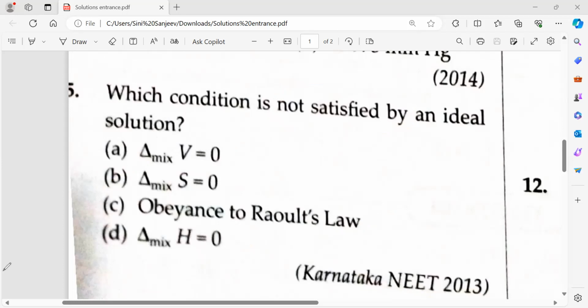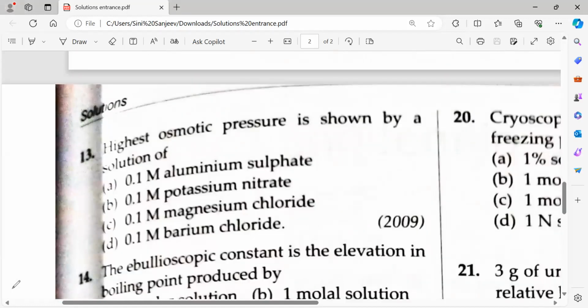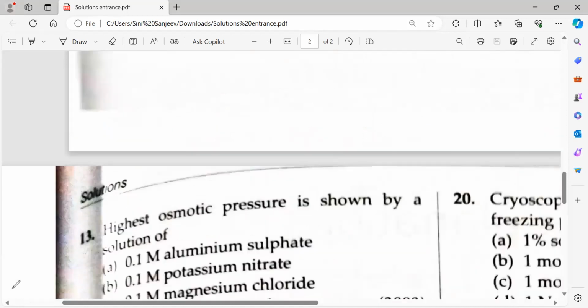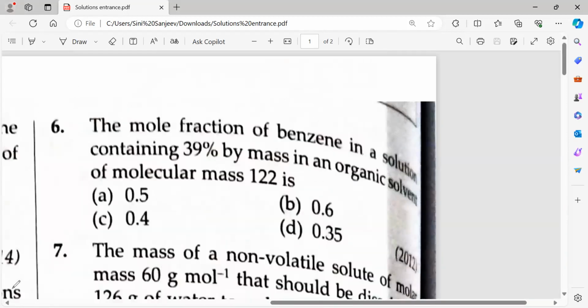Okay, so we'll come to know. The mole fraction of benzene in a solution containing 39% by mass in an organic solvent of molecular mass 122 is what?